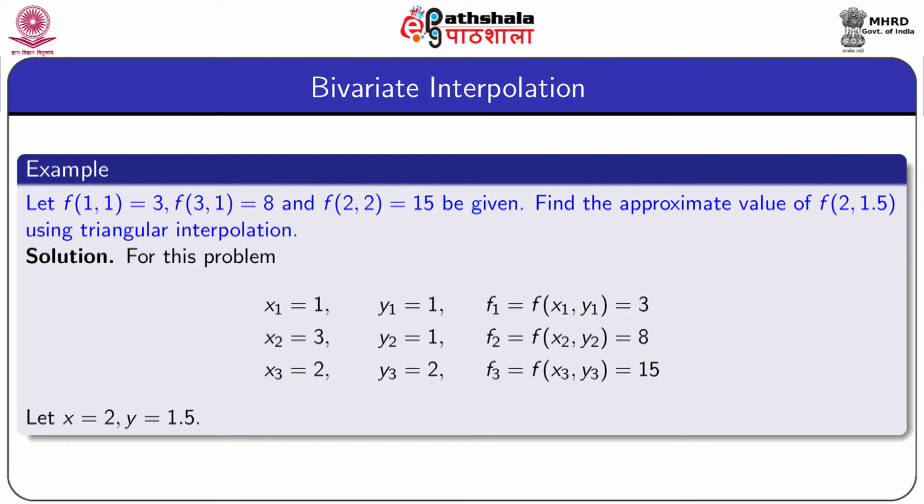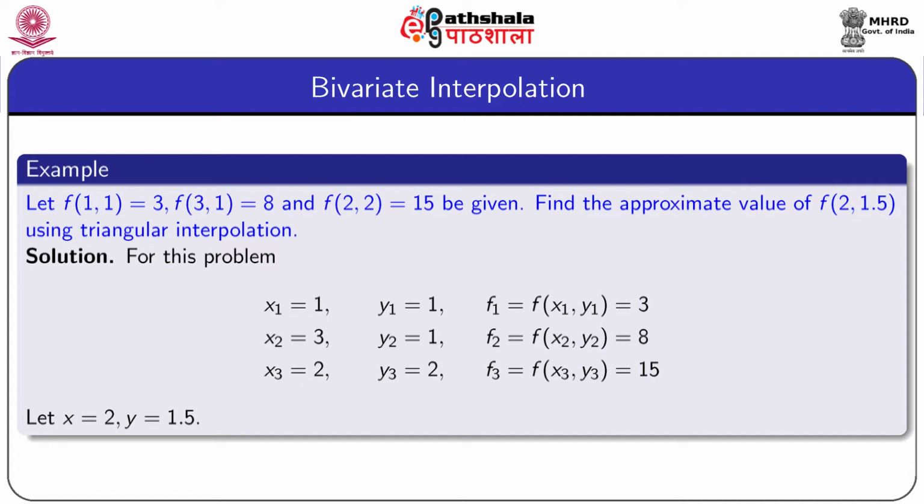Here we assume that f(1,1) equal to 3, f(3,1) equal to 8 and f(2,2) equal to 15. These are the given values. Now, our problem is to find the approximate value of f at (2, 1.5) using the triangular interpolation method.